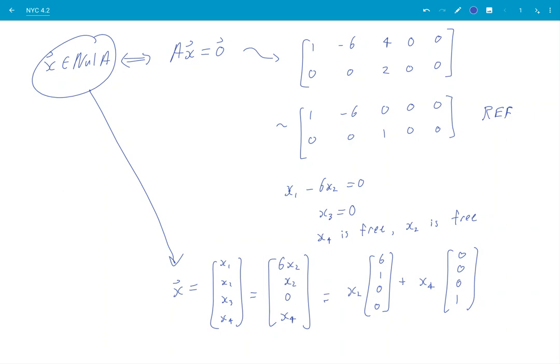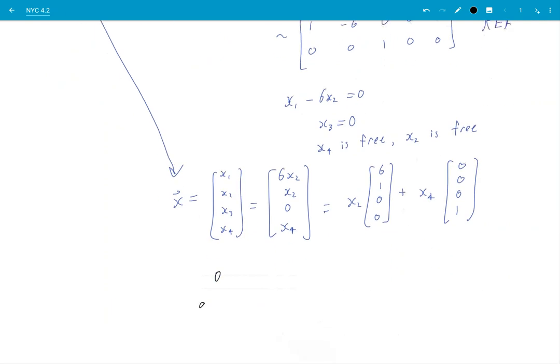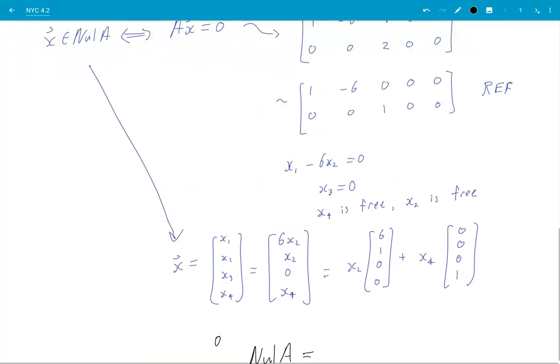Okay, so what have we demonstrated here? We have demonstrated that if I have a vector x in the null space, it must be of this form here. So what does that tell me? Null A can be written down. Let's say that again.